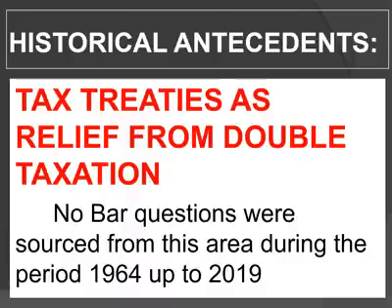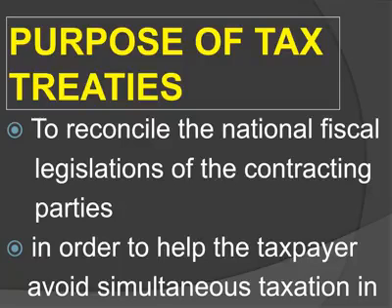Now, what about tax treaties as a relief from double taxation? No questions were sourced from this area from 1964 to 2019. But then I said, let's have a look at this. This is part and parcel of the concept of double taxation, which is dangerous for the bar. So what is the purpose of tax treaties?